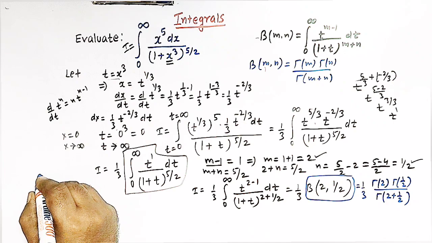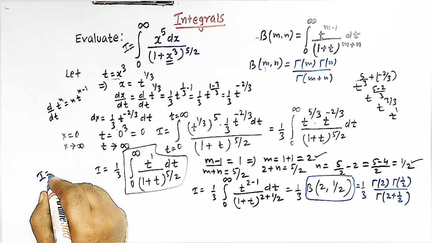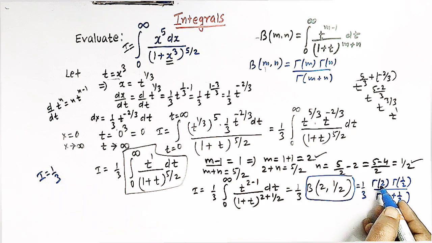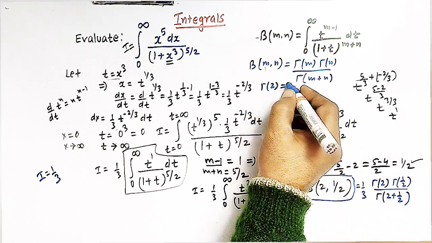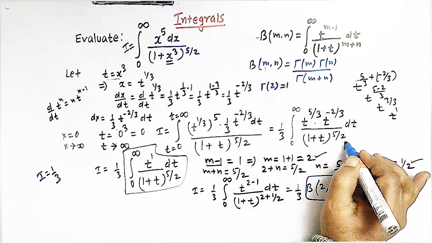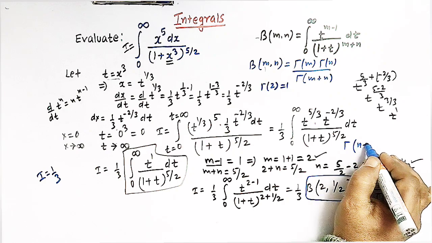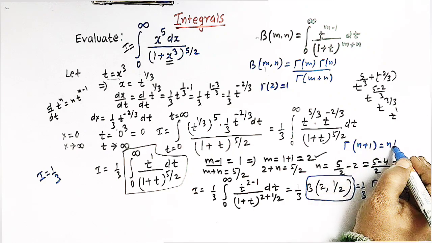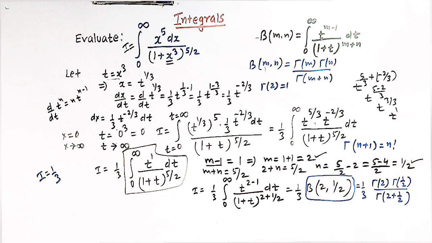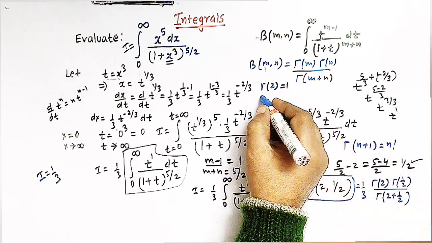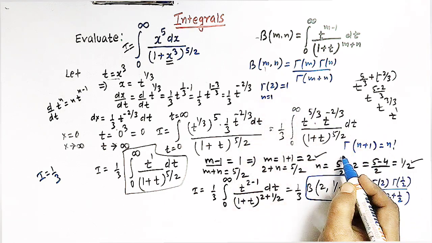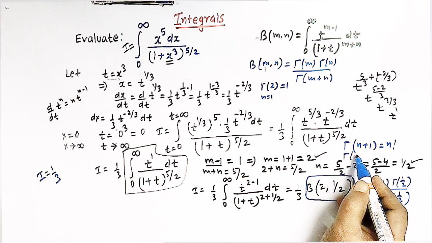So we can now write the value of I as 1 over 3, and gamma 2 is equal to 1, because here we can use this result, gamma n plus 1 is equal to n factorial, where n is some positive integer. So if we take n is equal to say 1, then here we have 1 plus 1, 2.